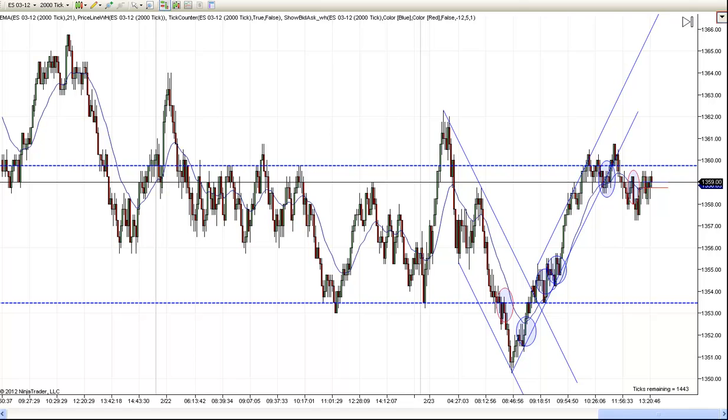But let's get into today's lesson and just show you what I'm looking at today, what I saw, and see if you saw something similar or not. This was basically our resistance from yesterday, same place. And here's our support, which was basically support from yesterday, 1353.50 area, and the 1359.75 area was resistance.